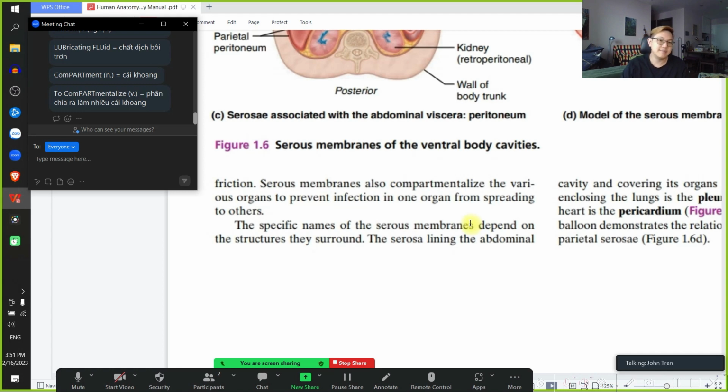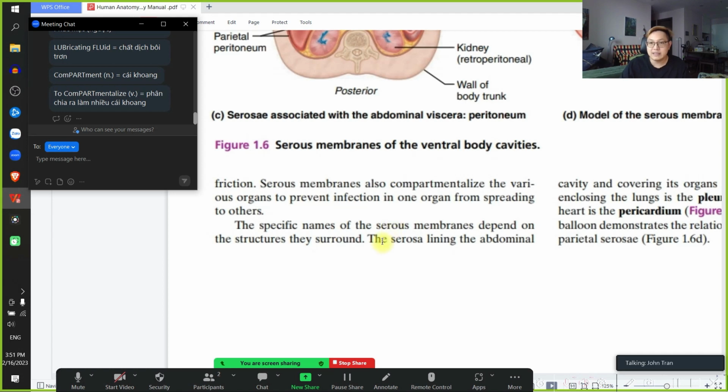Cái lý do chính để mà tại sao phải cần màng nhầy, đó là nó sẽ phân chia ra cơ thể nhiều cái cơ quan khác nhau thành những cái trung khu, những cái khu khác nhau, để mà nó tránh cái sự nhiễm khuẩn ở một cái cơ quan nó lan ra những cái cơ quan khác.